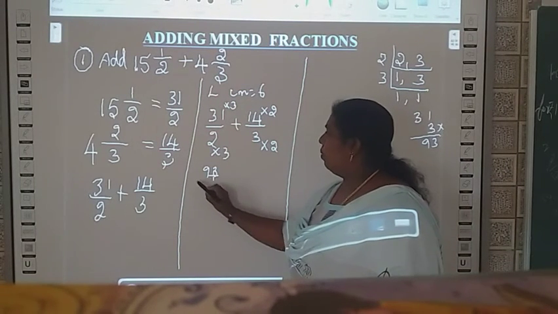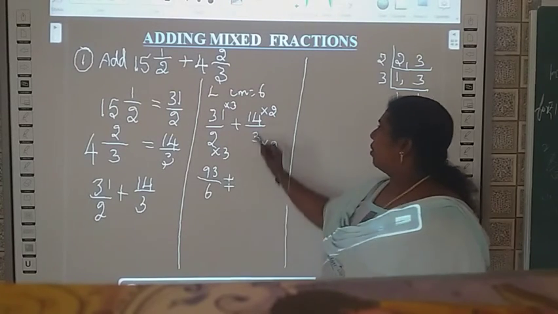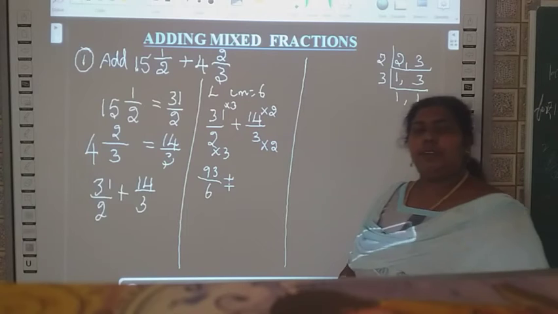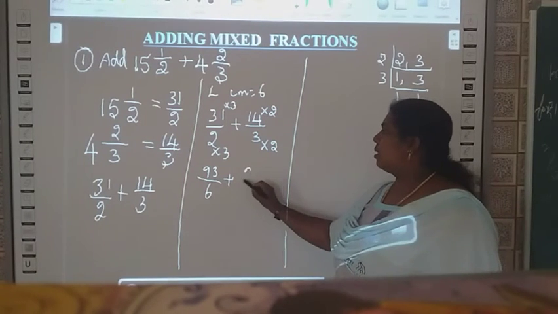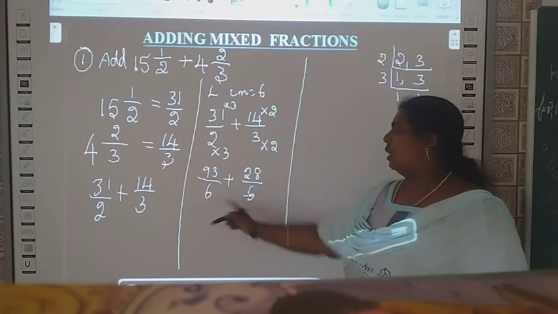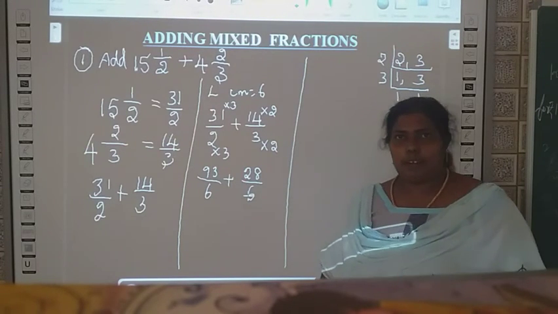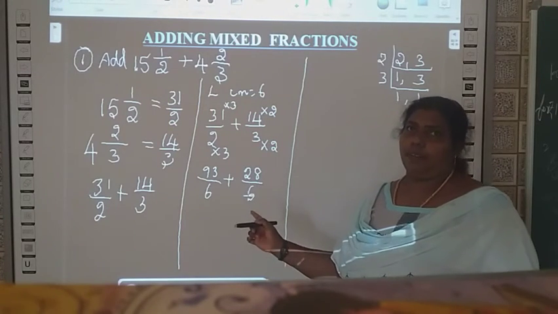93 divided by 2 times 3 is 6, plus 14 into 2. 14 into 2 how much? 28, isn't it? 28 divided by 6. Now the denominator is equal, right? If the denominator is equal, we can add the numerator values, right?